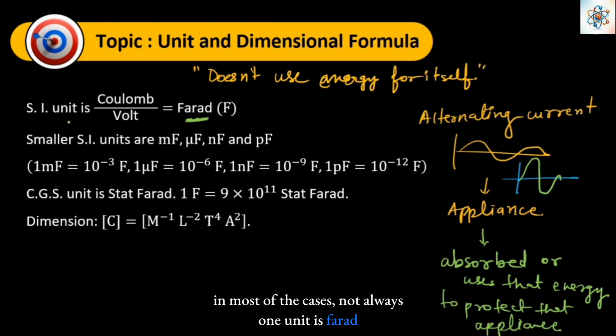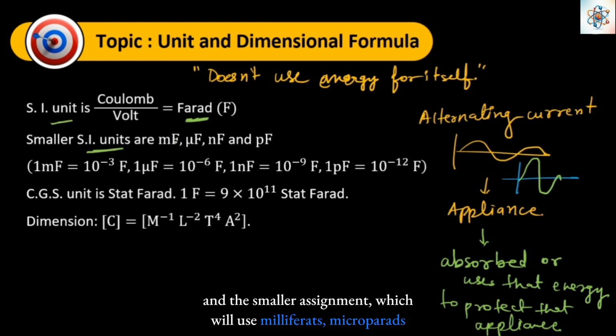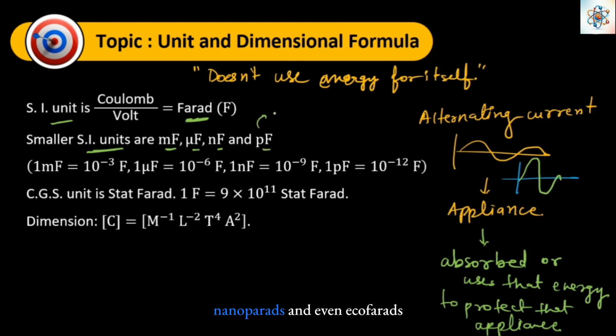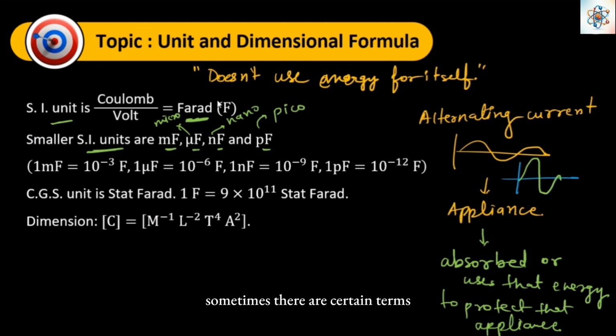So one unit is farad, and the smaller SI units which we use are millifarads, microfarads, nanofarads, and even picofarads. You must have seen these terms, right? Not pico, but yeah. Sometimes there are certain terms which we are not aware of, but which we know already.